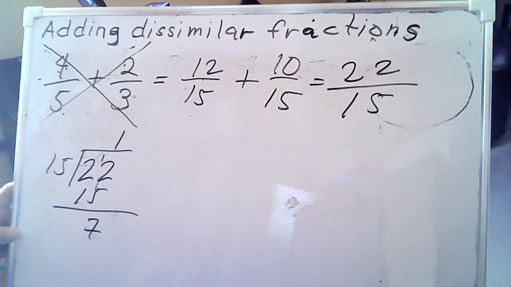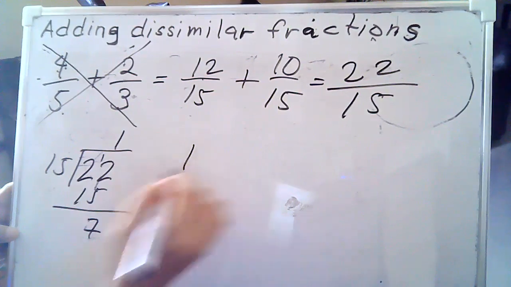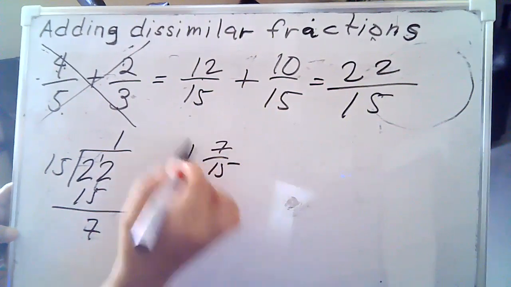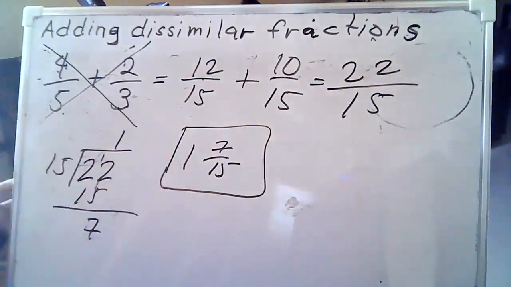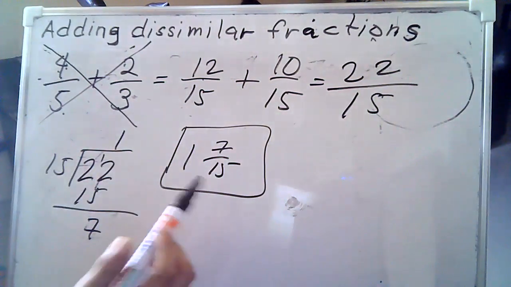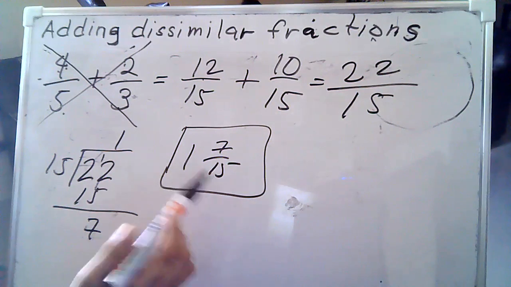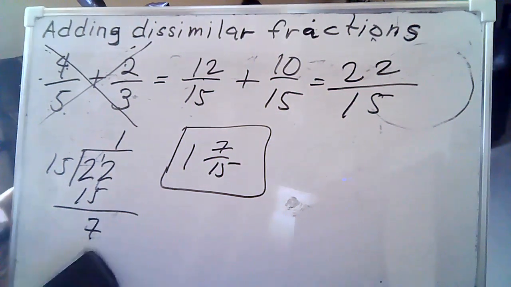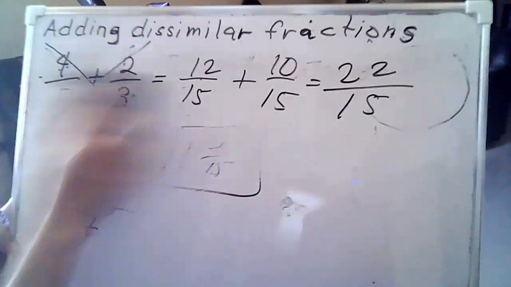So the quotient is 1, and the remainder is 7. So 1 and 7 over 15. That's the final answer. Can this still be simplified, the lowest term? No, this is the lowest term now. All right. Okay, so I'll give you another example.